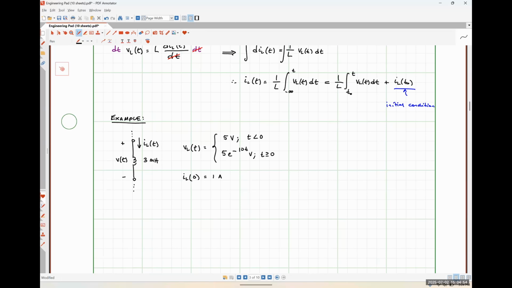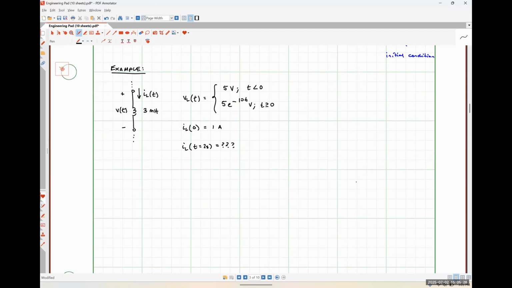If we wanted to find out what our inductor current is at, let's say, t equals 2 seconds, then we would need to integrate our voltage at the appropriate time and also include that initial condition, because the past values of the inductor current are important.